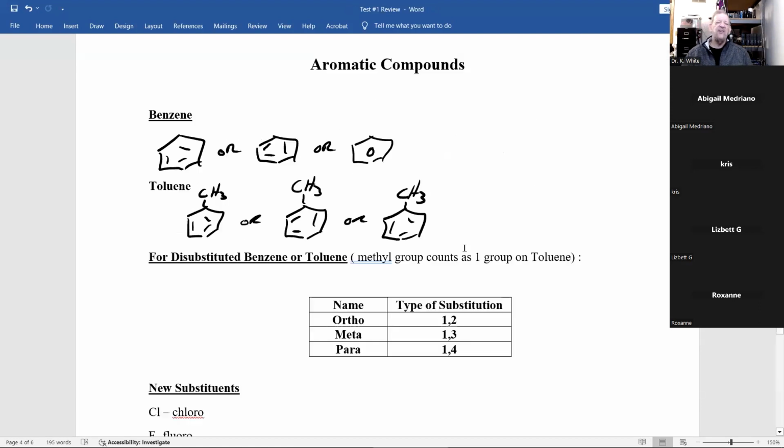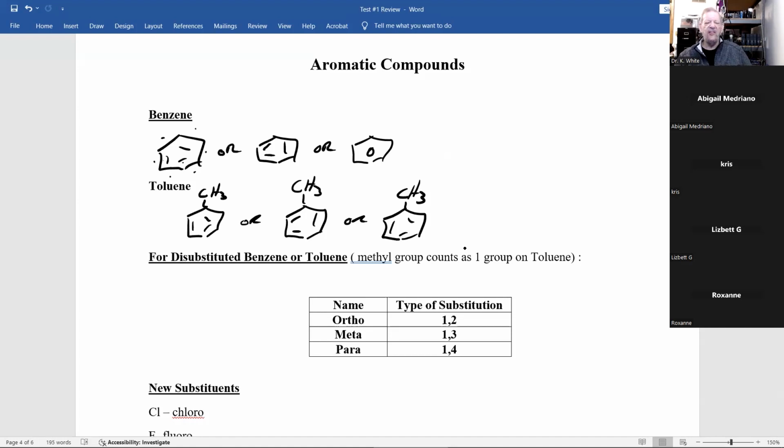All right, back to aromatic compounds. And you should know benzene is a 6-membered ring with 3 conjugated double bonds, meaning alternating single, double, single, double, single, double. And you can draw it this way or this way.